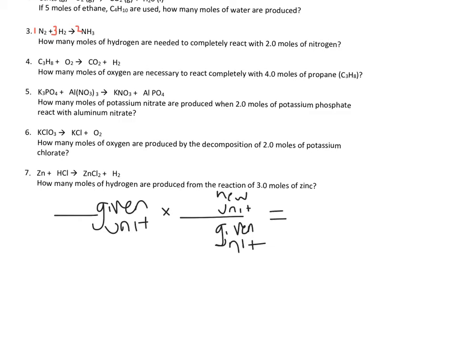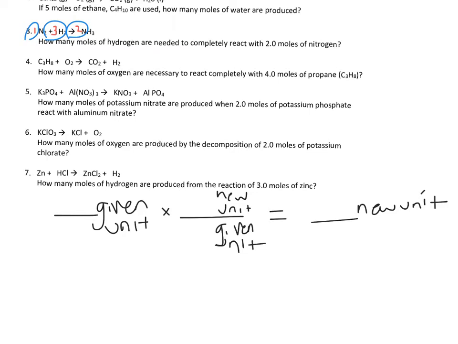We do some math, and we get a number with our new unit in the end. The only difference is that the conversion factors are not coming from a source like 1 year equals 365 days. They are coming from the coefficients in the reaction.